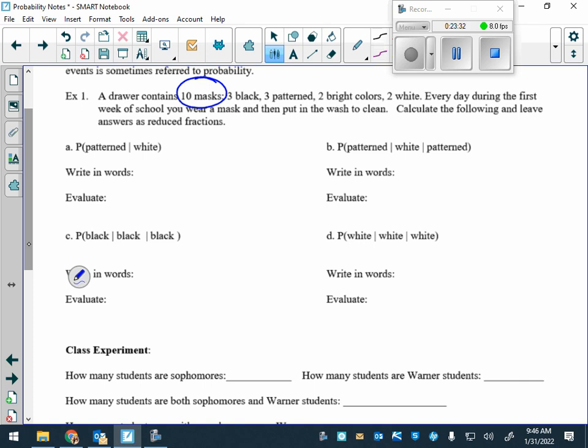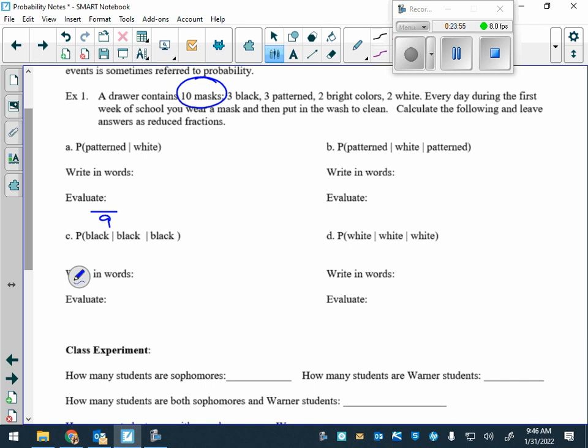Think of it this way. In total, how many masks do we have? 10, right? If we already chose a white, how many are we down to? 9. So wouldn't that be my denominator? Now, out of those 9, what is the probability of choosing a pattern?